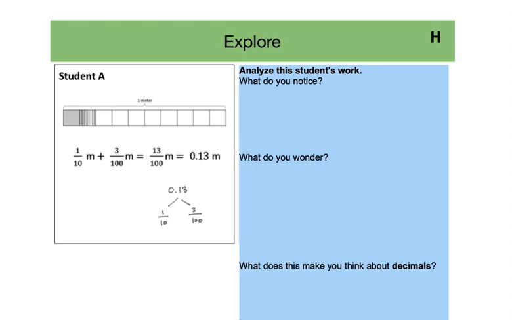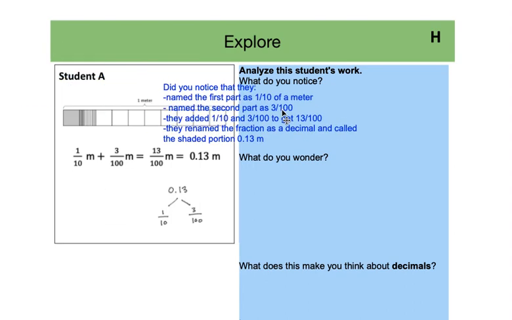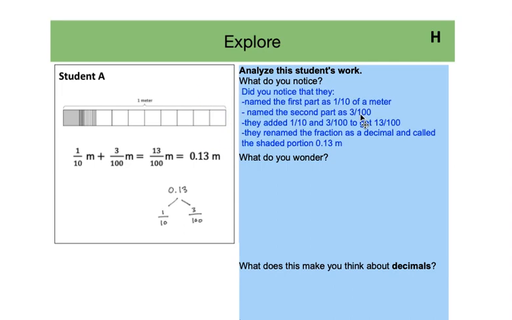Okay, so what did you notice? Did you notice that they named the first part as 1/10 of a meter? Did you notice that they named the second part here as 3/100ths? And did you notice that they added both of those fractions up and got 13/100ths?